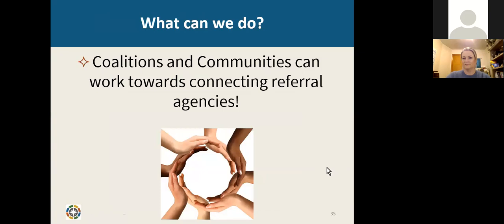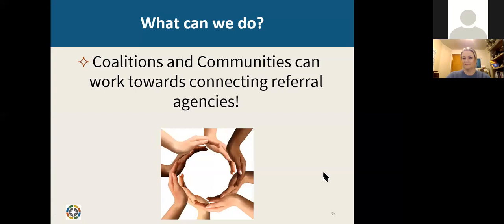Who is doing SBIRT? Maybe that's another aspect. We can connect those community partners together if they're trying to support training, implementation, anything along those lines. Then we want to keep them talking and together.